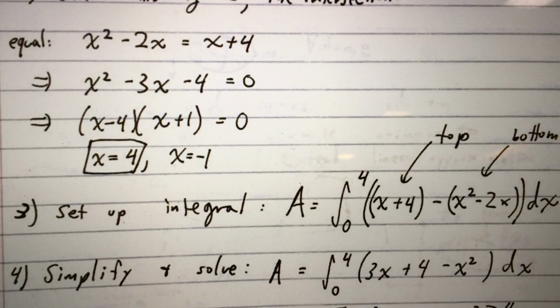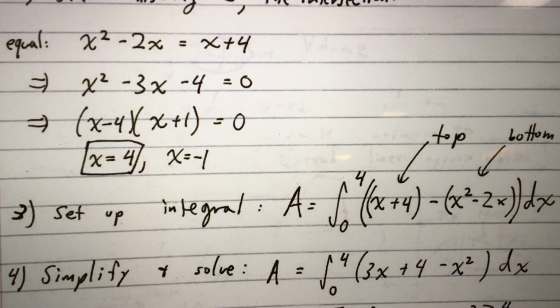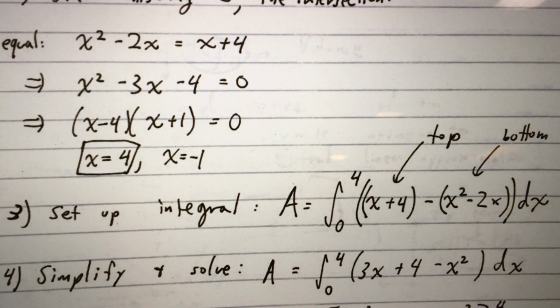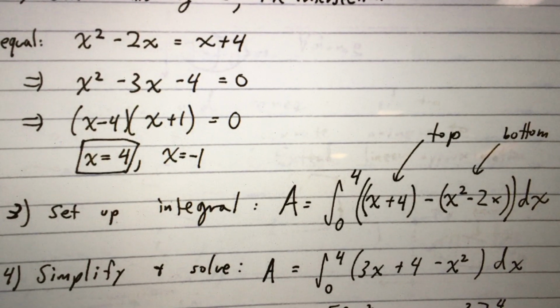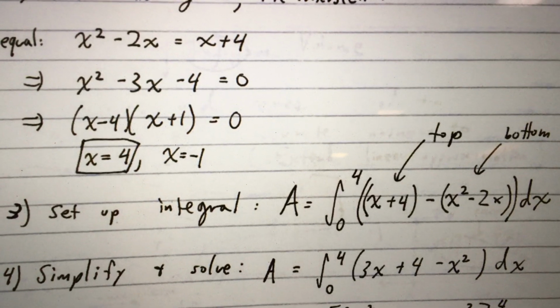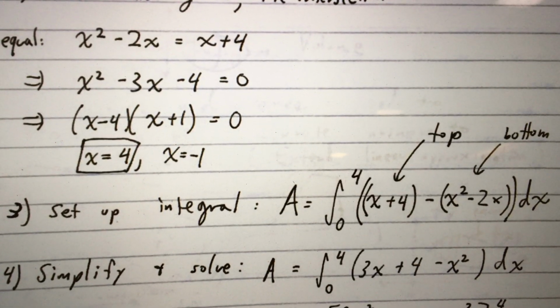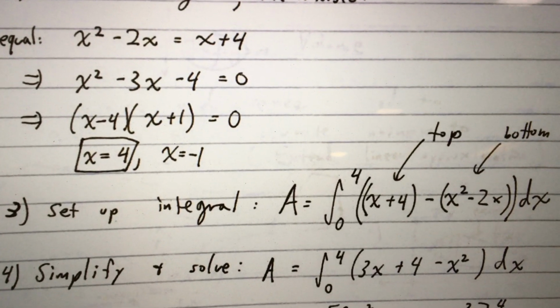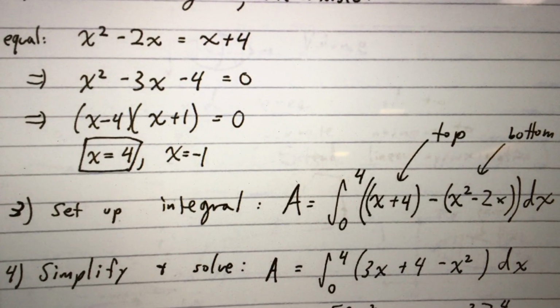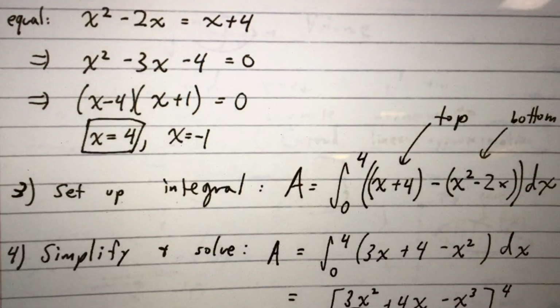And then you simplify and solve it. You have to be very careful with the parentheses, especially since you're subtracting an entire function. That minus in the middle has to be minus the quantity x squared minus 2x. So that when the minus goes through the parentheses, I get minus x squared, and I get plus 2x. So it simplifies to 3x plus 4 minus x squared.